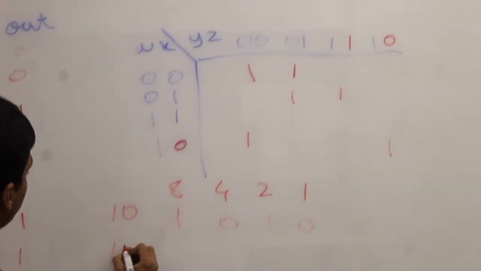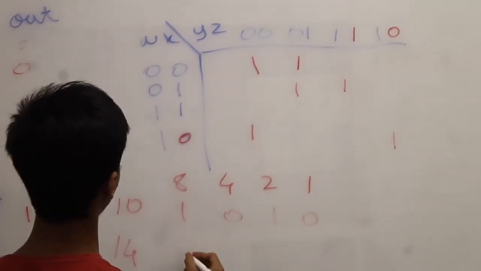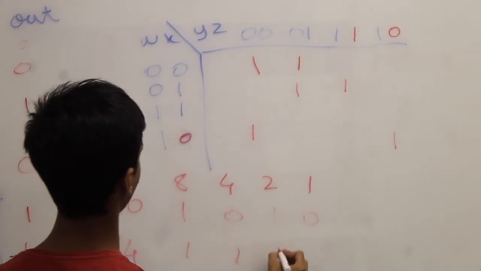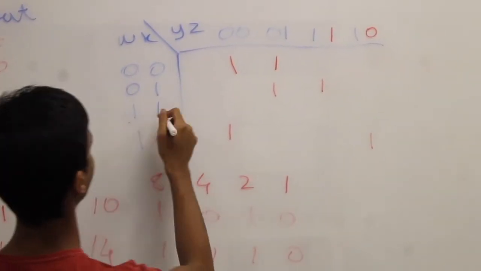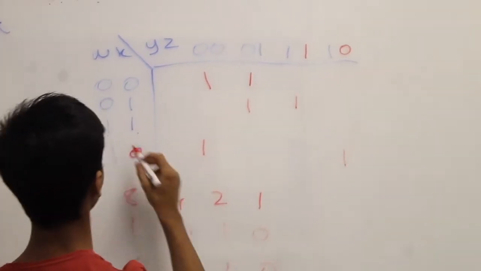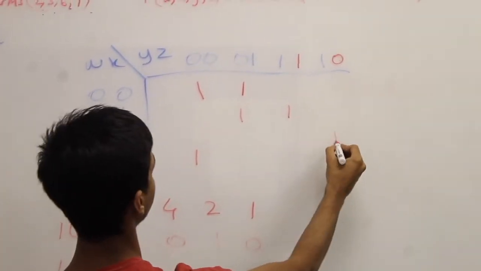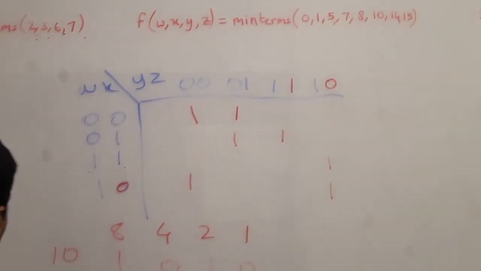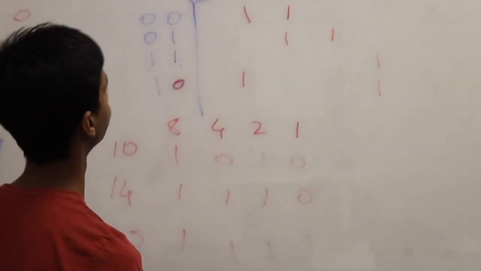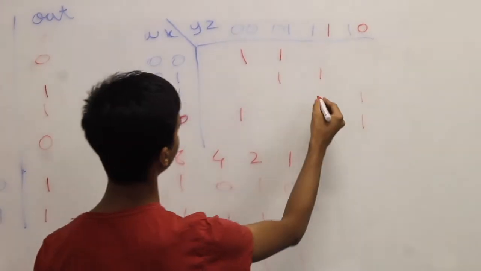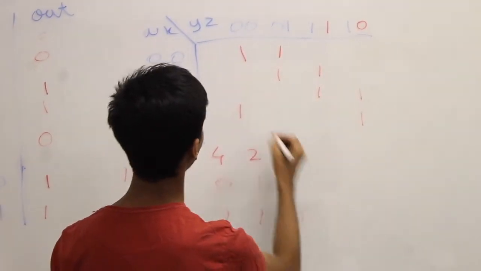Now 14 is 1, 1, 1, 0, so 1, 1, 1, 0 is here. Now 15 will be 1, 1, 1, 1. So 15 is all ones, which is here.